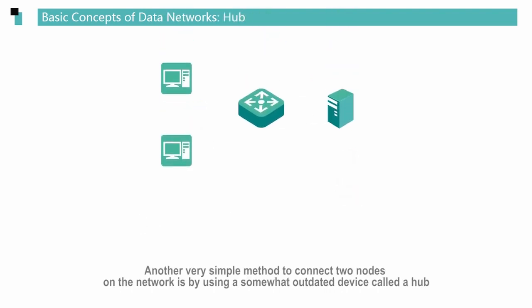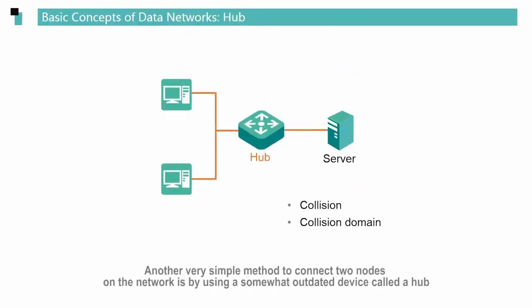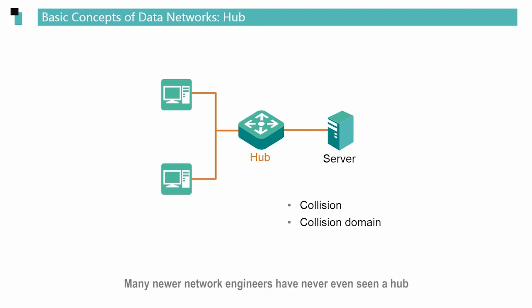Another very simple method to connect two nodes on the network is by using a somewhat outdated device called a hub. Many newer network engineers have never even seen a hub. So why are we mentioning it here? We mention it to introduce the concepts of collision and collision domain. Hubs implement a bus topology.